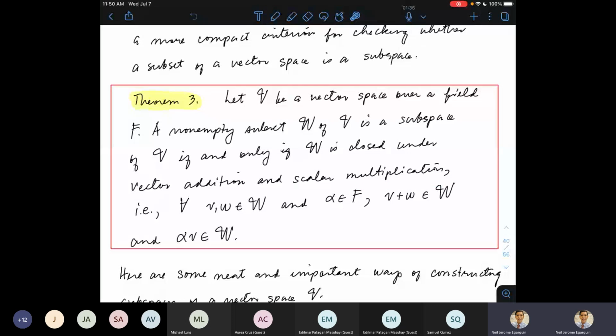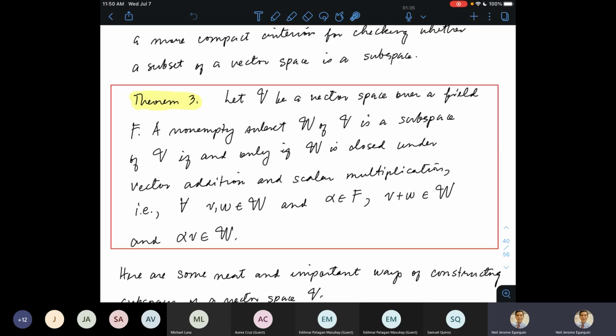And I guess we devoted a good portion of our discussion last time to Theorem 3. I did not include the proof here, but we said that by inheritance, all the properties of the operations are satisfied on the subset, right? And then the vector additive identity and the scalar multiplicative identity will also necessarily be in the subspace if it is closed under vector addition and scalar multiplication.